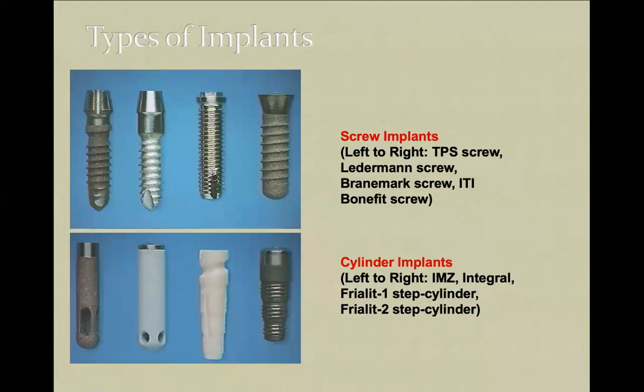What about the diameter? Well, the external diameter of a standard implant is 3.3 millimeters. In some specific systems, you might find an implant whose diameter is 3 millimeters, or even less, 2.7. But this 3 and 2.7, we don't like it.